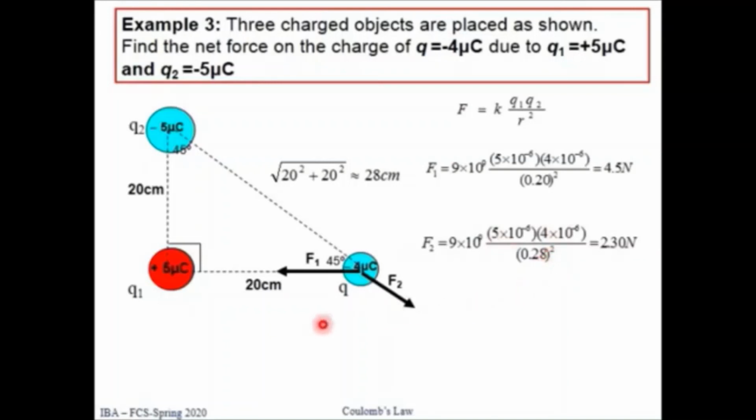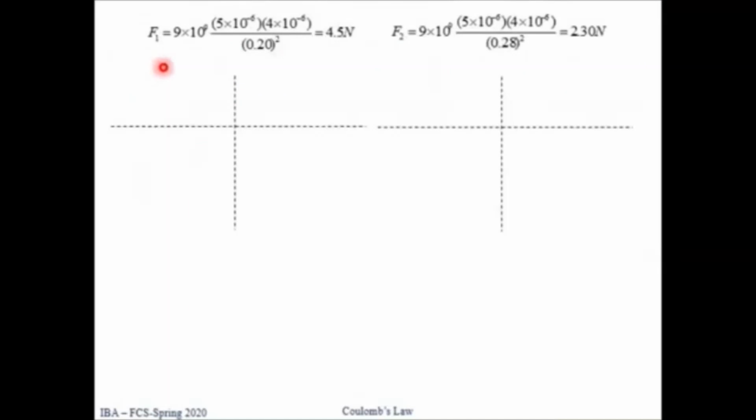But keep in mind that this vector is neither parallel to the x-axis nor parallel to the y-axis. Therefore, we have to resolve it into its components. This vector must have 2 components, x component and y component. These values of F1 and F2 have been determined in previous slides.